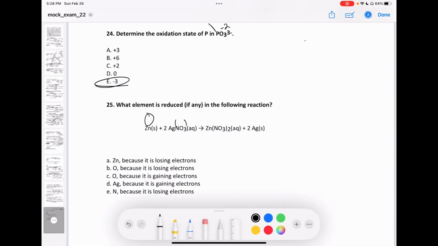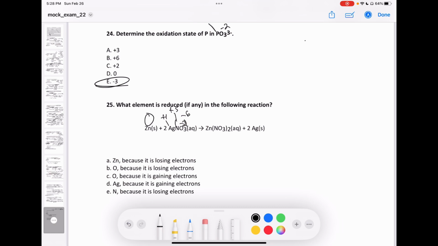And we know that this NO3 is a nitrate anion, which has a charge of -1 total. So we see this is -2 always for oxygen, and there's 3 of them, so it's -6, so nitrogen is going to be +5. And this is going to be a +1 to make that a neutral compound.